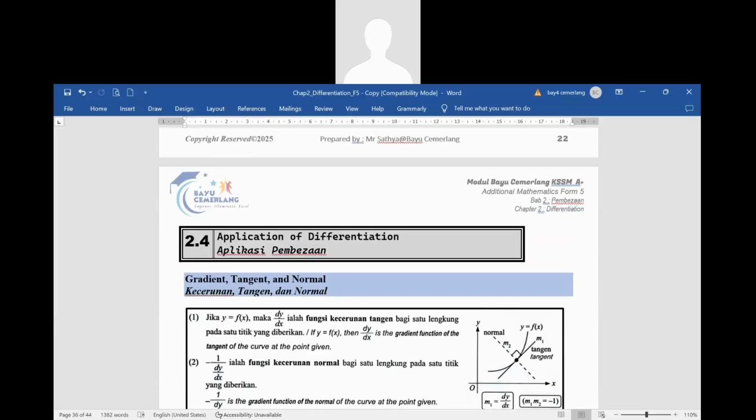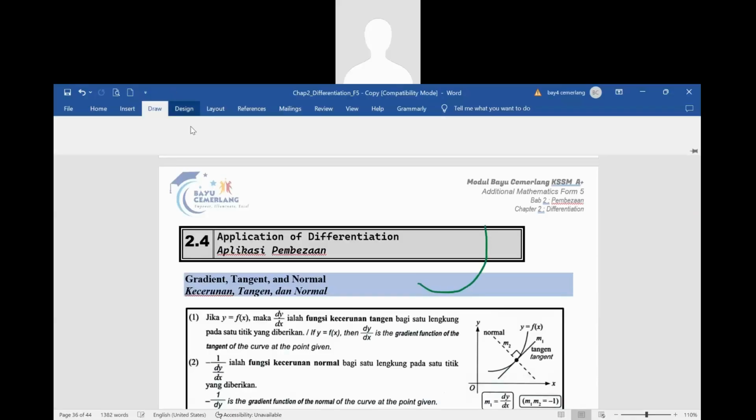As I told you before, what is differentiation? Okay, differentiation is finding the gradient of a curve. I have taught you before when I defined what differentiation actually means. Okay, let's say we have a curve like this. There will be a line that touches at one point only.